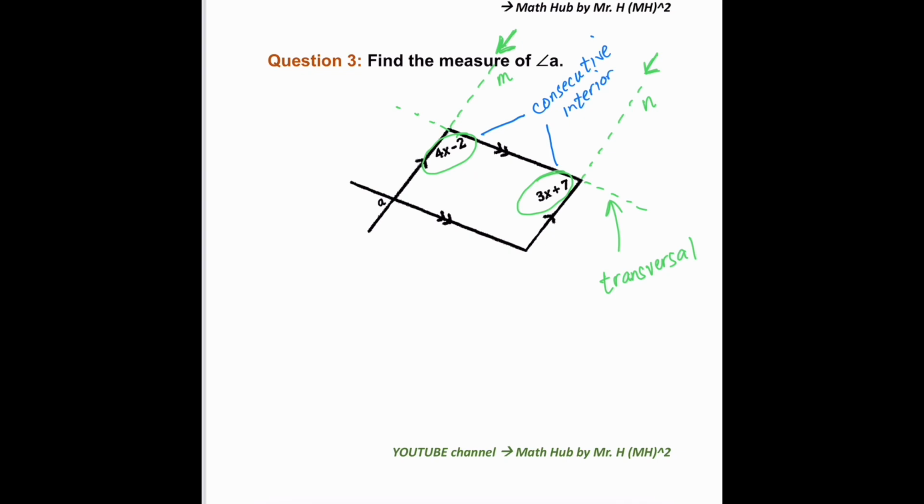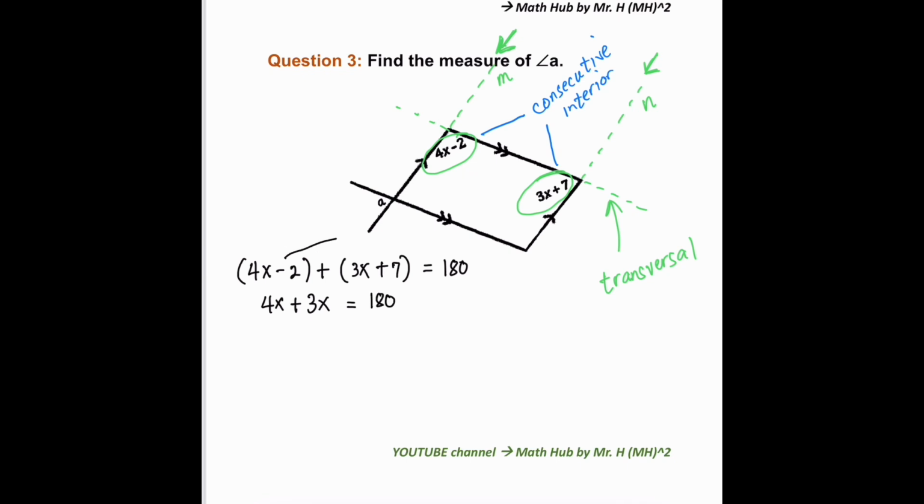So from that concept, we'll be able to start the calculation beginning with the initial equation: 4x minus 2 plus 3x plus 7 will be equal to 180. So 4x plus 3x will be left on one side, and all the constant terms on the other side. 180 will stay on the right.